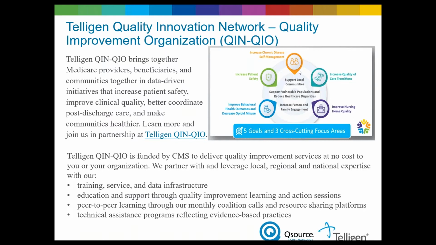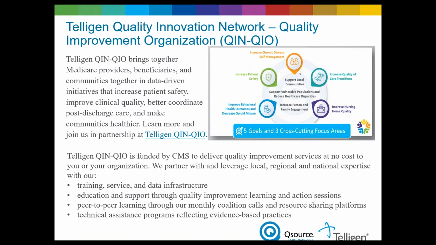The graphic you're seeing nicely displays the scope and depth of the work that we do. We work with our partners to improve nursing home quality, to increase the quality of care transitions and chronic disease self-management, to increase patient safety, and also to improve behavioral health outcomes, and most importantly, decreasing opioid use and adverse drug events, which is an intensive focus of our work over the next several months.